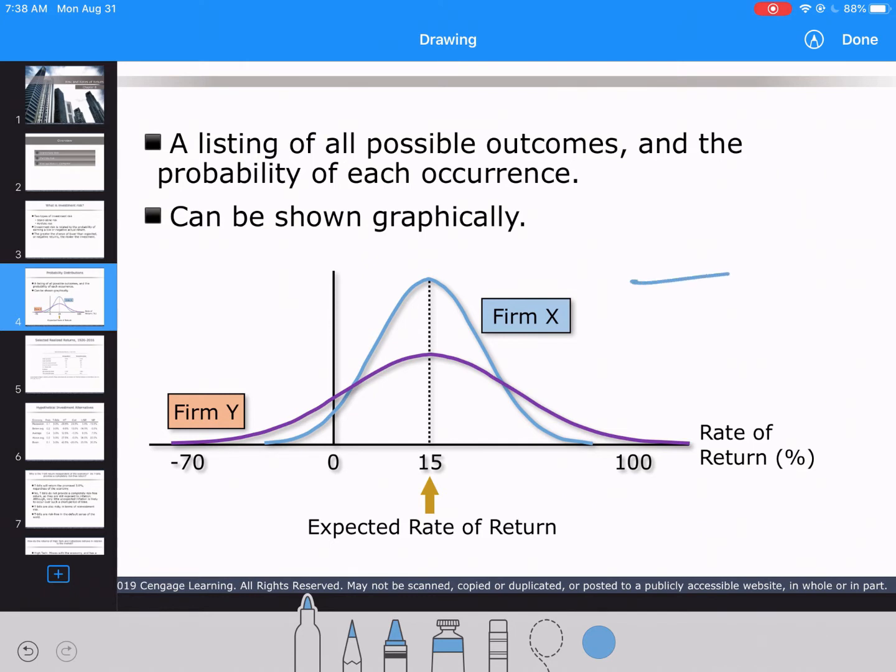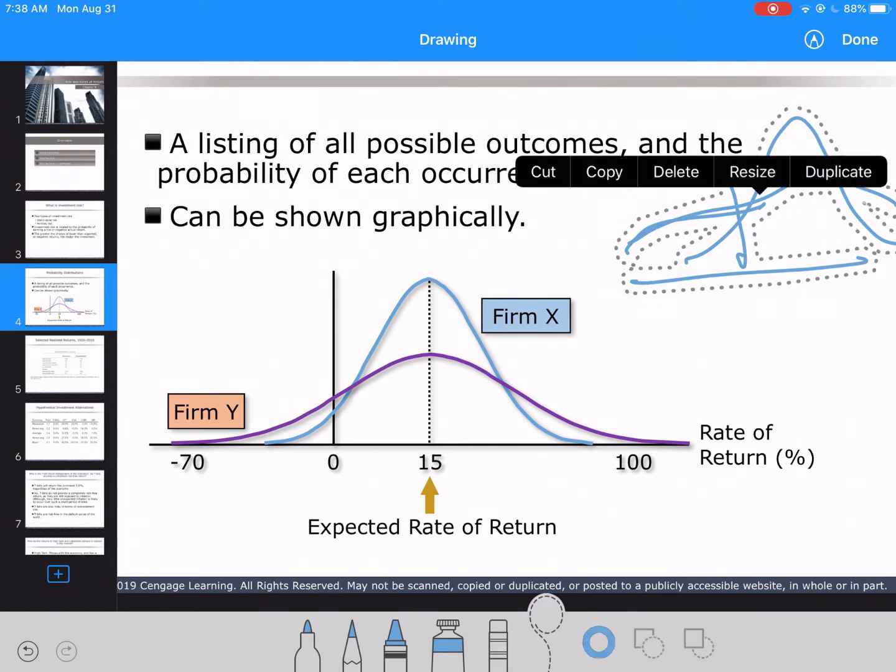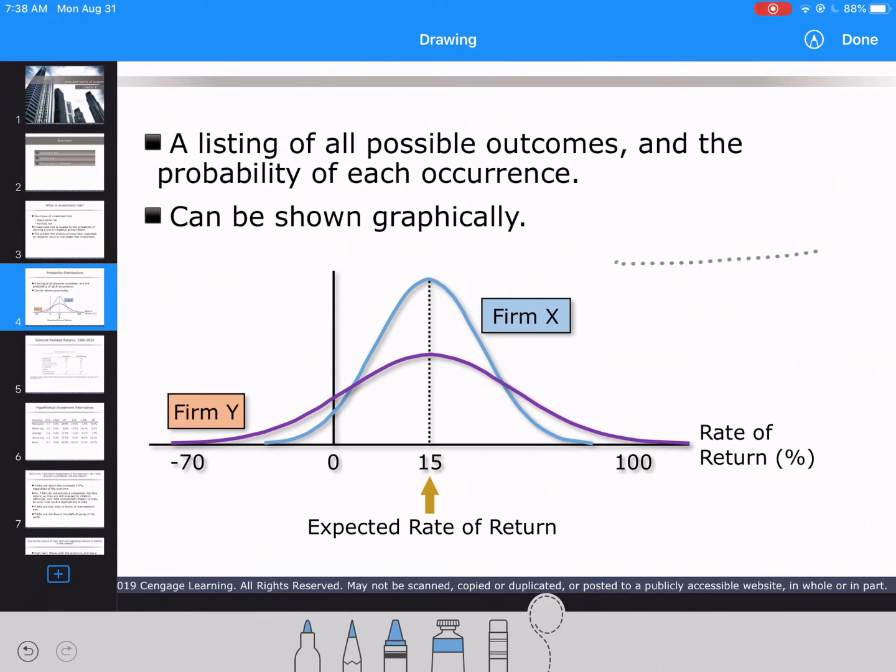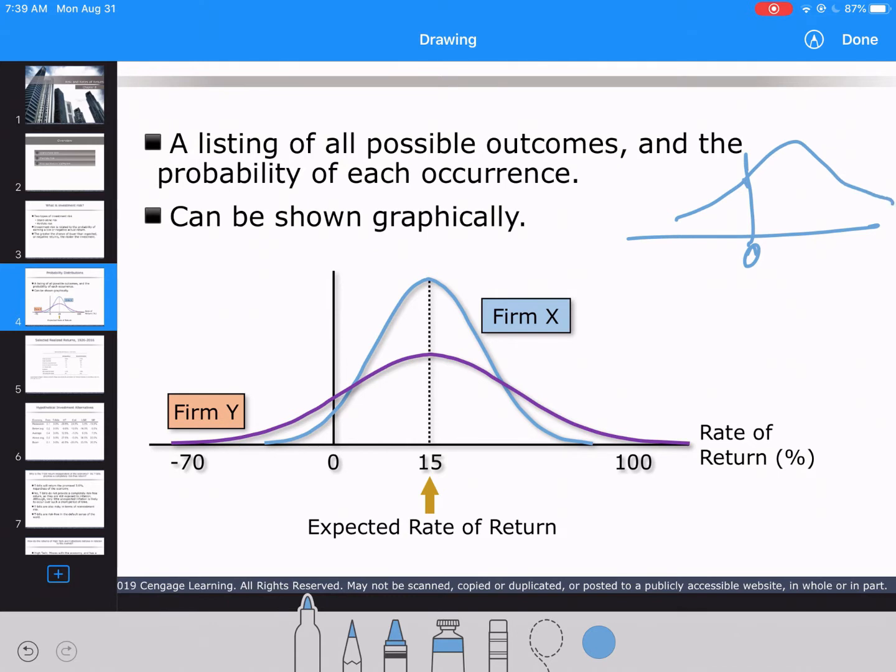If you look at this carefully, and we are looking at zero risk here, if this peak is higher than this one, then you say this risk is lower, because risk is depicted right here.